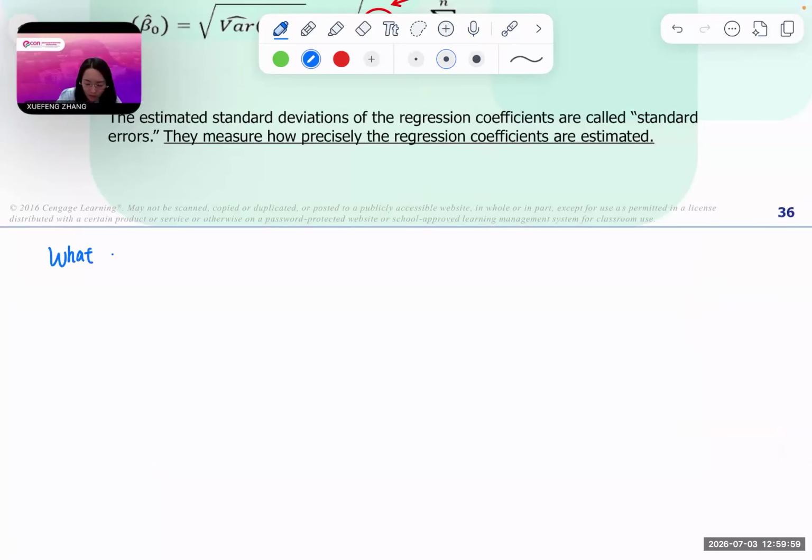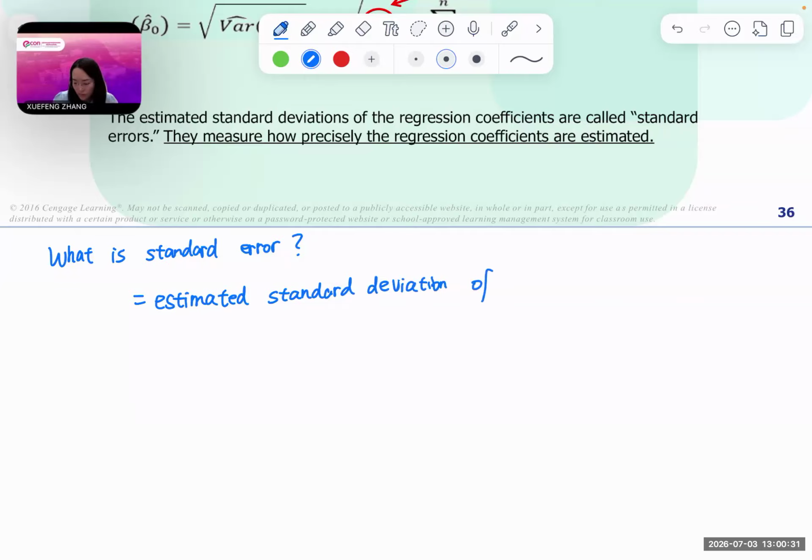Standard error means the estimated standard deviation of our estimate. Okay, this is the meaning of standard error.